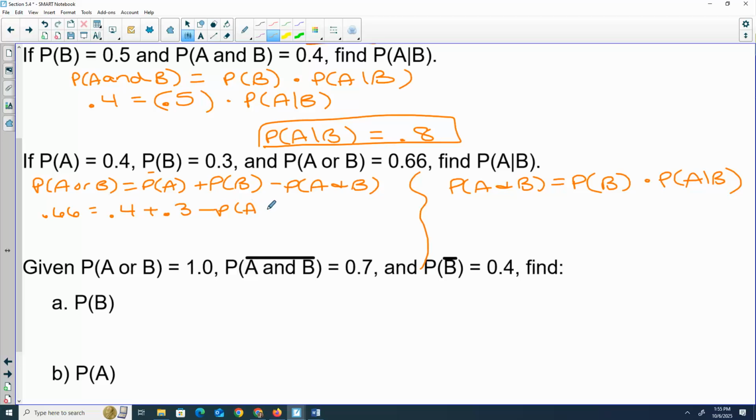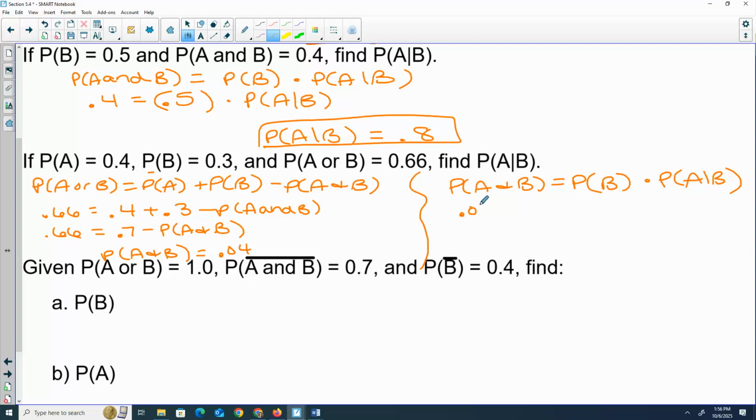Times probability of A and B. So if I subtract over my 0.7, divide by -1, so now I can carry that over here.